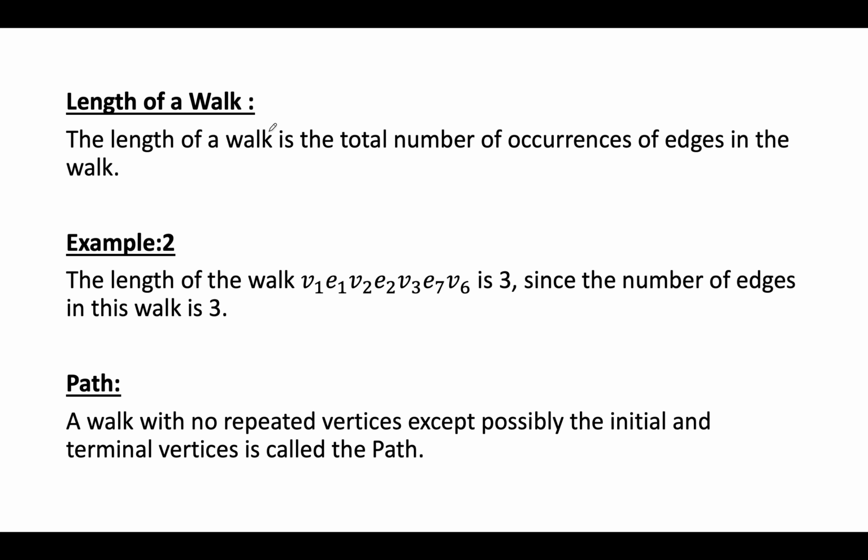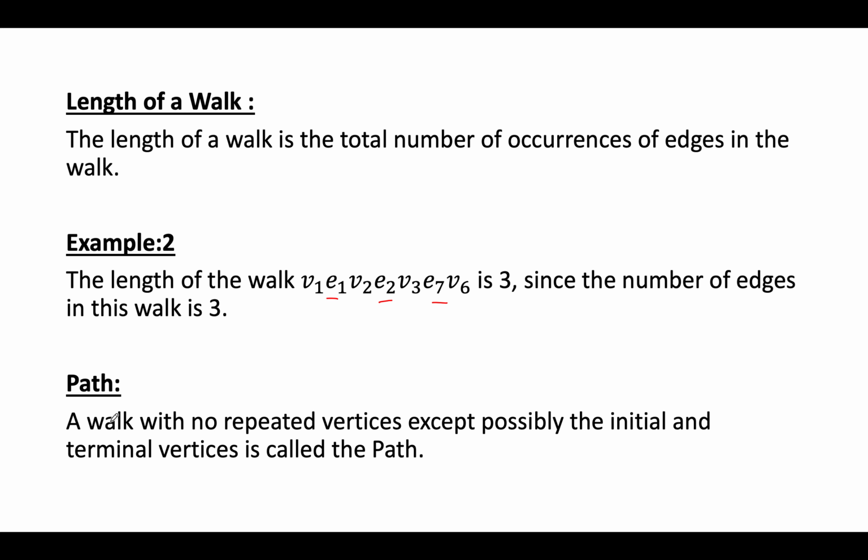The length of a walk is the total number of occurrences of edges in the walk. For example, the length of this walk is 3 because we got 1, 2, 3 edges, right?